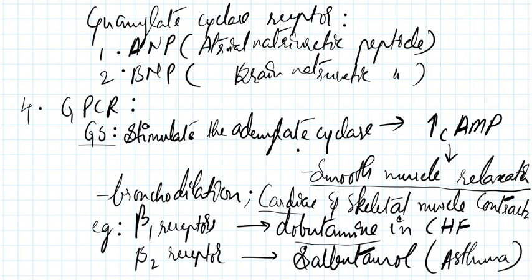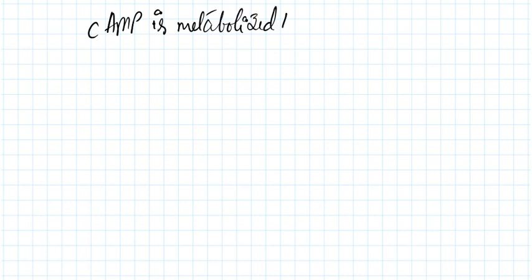Okay, now we'll go to the next page. Now cyclic AMP is metabolized. Just note this down in a corner or in a small copy page. Cyclic AMP is metabolized by, this was a 2021 INICET MCQ, PDE3 or 4 in bronchi.